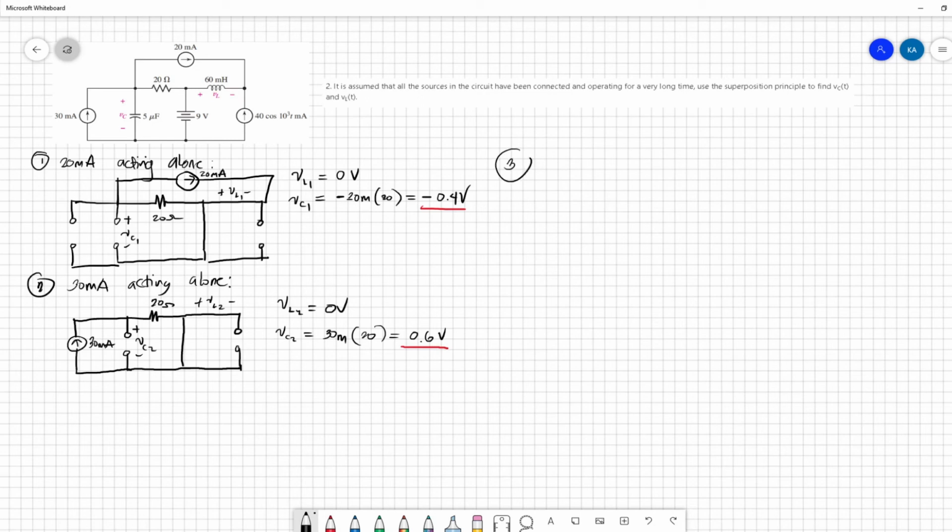Now for the third case, we have the 9 volt source acting alone. So VL3 is equivalent to 0 volts, and VC3 is just equivalent to 9 volts.